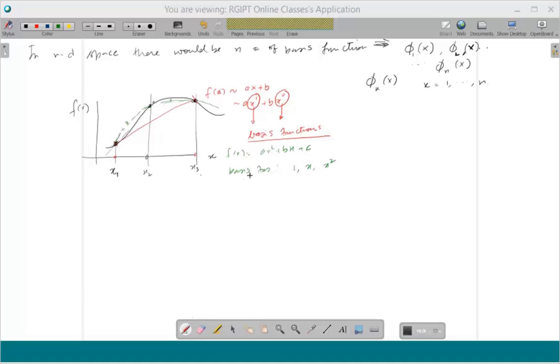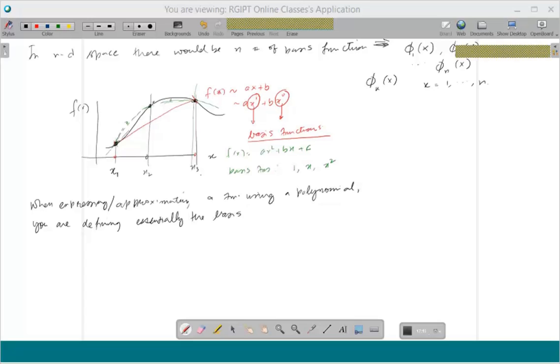When you try to approximate a particular section of a function in terms of a polynomial, all you're essentially doing is defining basis functions. So when you're approximating a function using a polynomial, you are defining the basis functions, which are 1, x, x squared, x cubed, etc. These would be your basis functions.